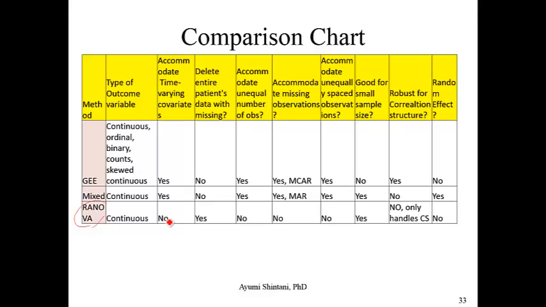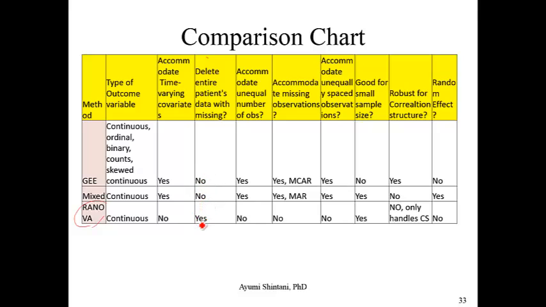Okay. In RANOVA, the model requires horizontally entered data, so it can take only one value for each covariate, so it can't do time varying covariates. Okay. And this column is actually the same as here. For the models which require longitudinal format, you don't have to delete an entire patient's data when at least one observation is missing among the repeatedly measured outcomes.